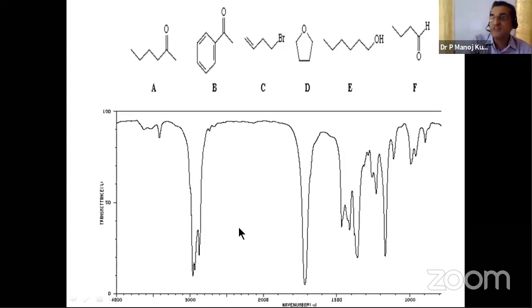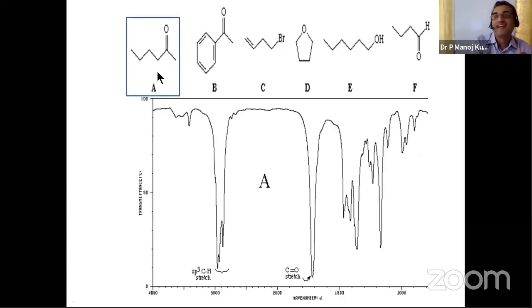Fermi resonance is not there. You are not getting a doublet at all. So it cannot be an aldehyde, because Fermi resonance is not observed here. So the only possibility, congratulations to the person who conveyed that it is compound A. It's correct. Excellent. And again, congrats to all those who have put the other answers also, because they are at least trying to interpret in the correct way.